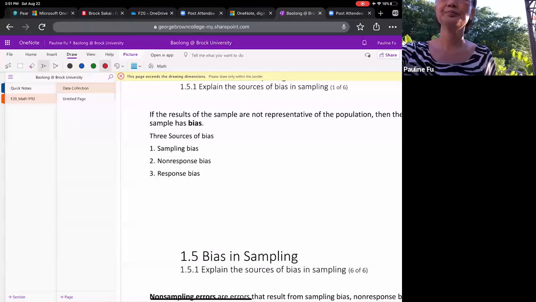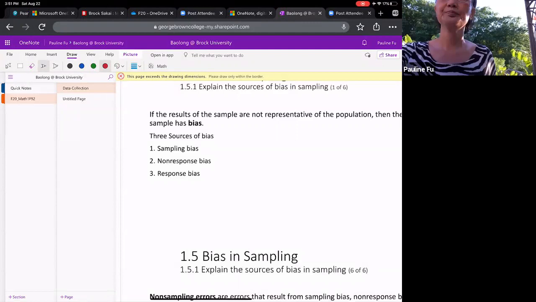One is the sampling bias. Sampling bias means the technique used to obtain the individuals to be in the sample tends to favor one part of the population over another.